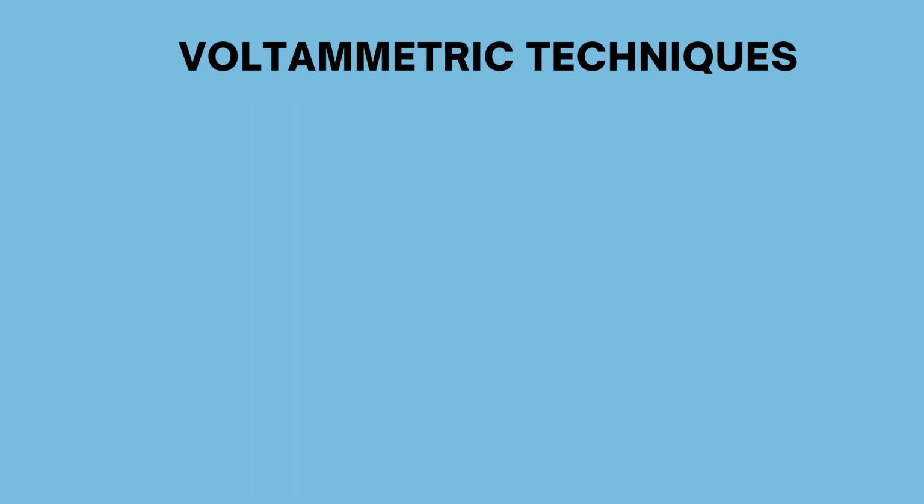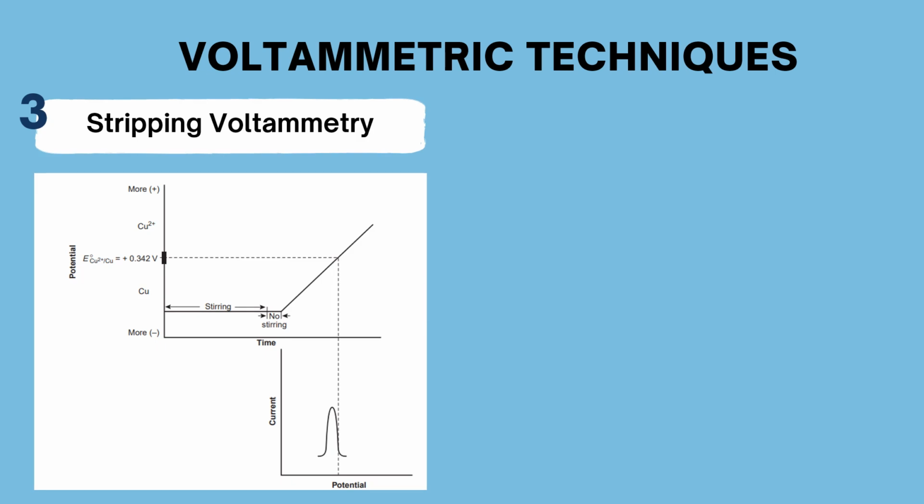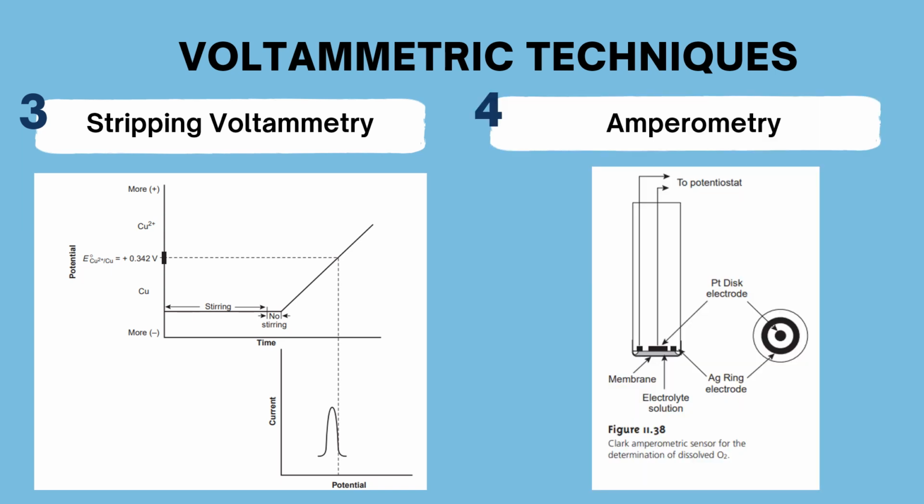One of the most important quantitative voltammetric techniques is stripping voltammetry, which is composed of three related techniques: anodic, cathodic, and adsorptive stripping voltammetry. Seen in the slide is the anodic stripping voltammetry. Another technique is called amperometry, a form of voltammetry in which we measure current as a function of time while maintaining a constant potential.